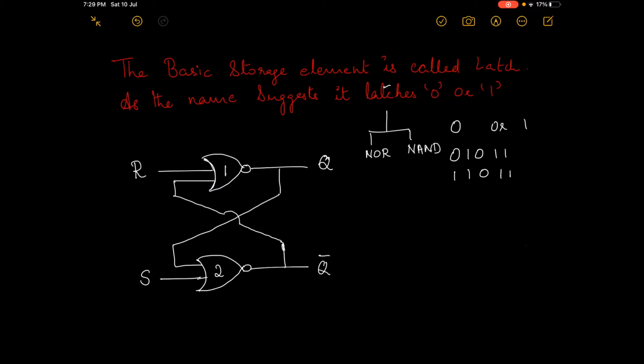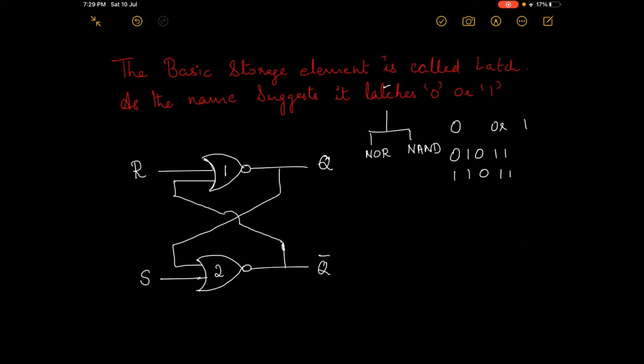Now, as the name suggests, it is like latching the door of a room, but there is a difference between latching your door and latching your data. When you latch a room, anything inside the room cannot be taken out or anything outside the room cannot be let in.